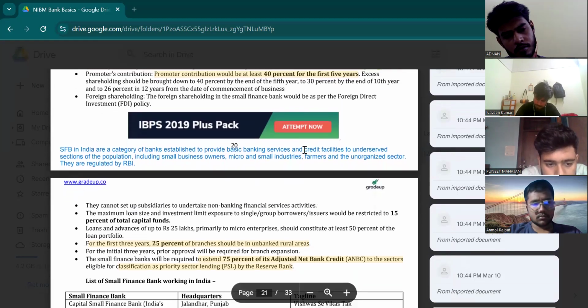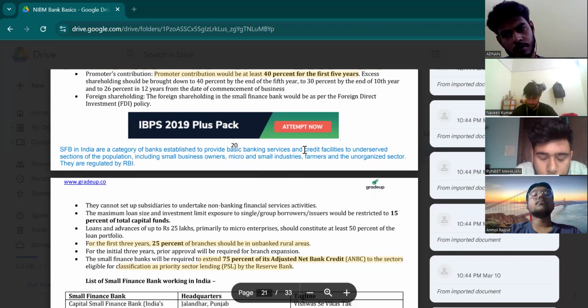You know that for priority sector lending of the commercial banks, the minimum needed is 40%. Of whatever credit you give, 40% of that total credit should belong to PSL, priority sector lending.